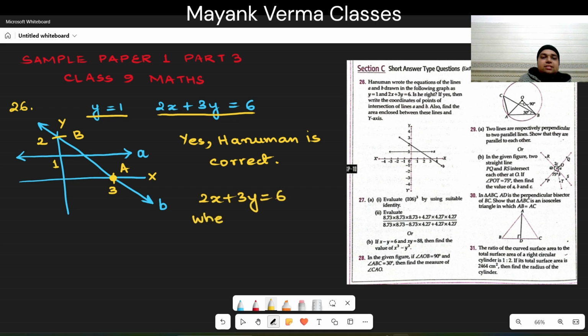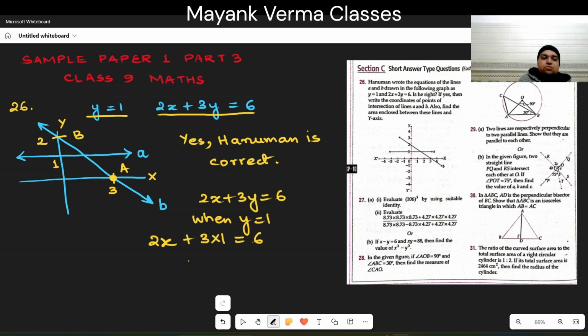When y is equal to 1, we get 2x plus 3 times 1 is equal to 6. 2x will be equal to 6 minus 3, so x will be equal to 3 by 2.